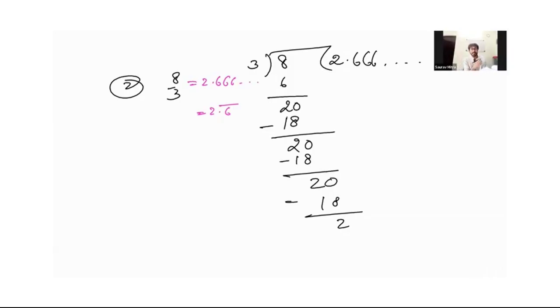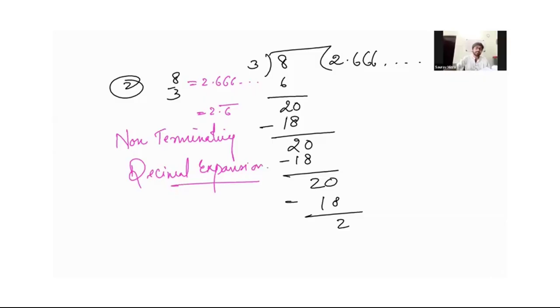We write 6 with a bar, which means 6 is repeating. This category of decimal expansion is called non-terminating decimal expansion.